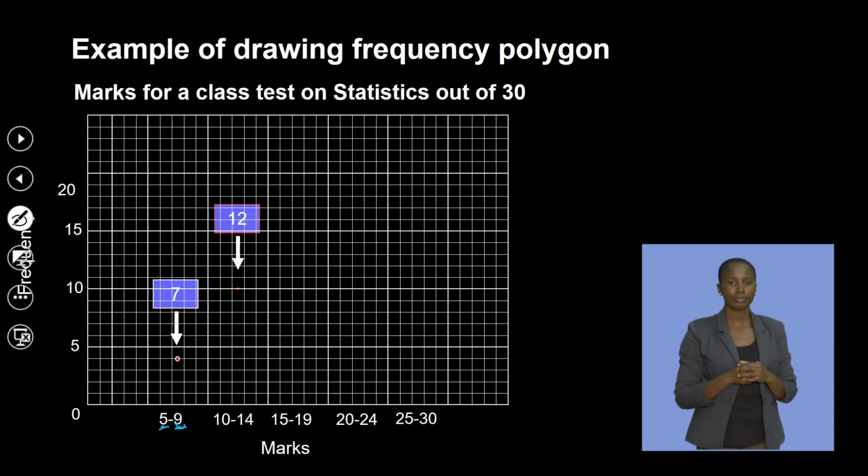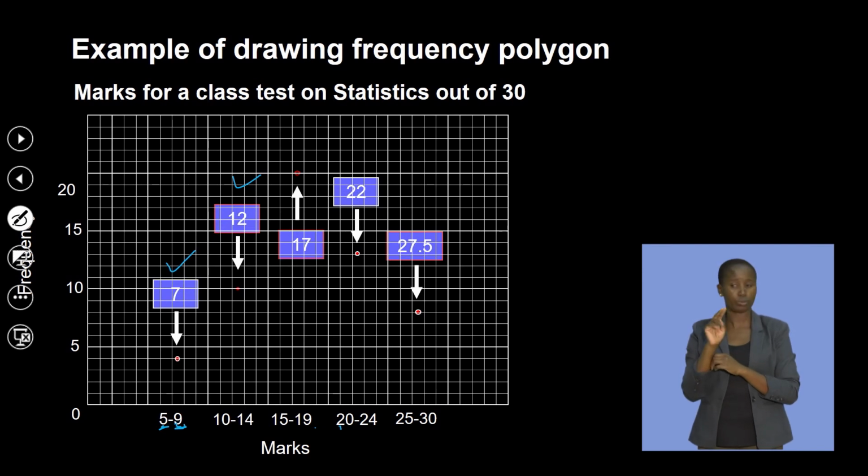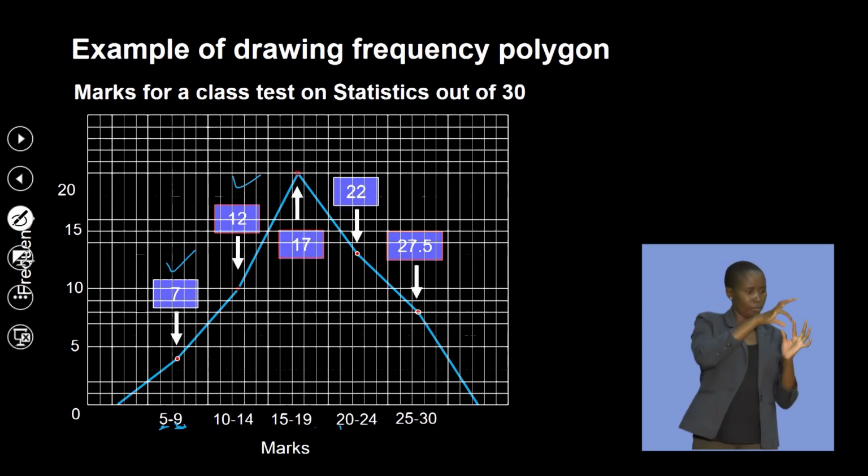We get 12 there, so 7, 12. For 15 to 19, we get 17. And 20 to 24, we get 22. And lastly, 25 to 30, we get 27.5. Then we connect with a ruler. Okay, that's what we get.